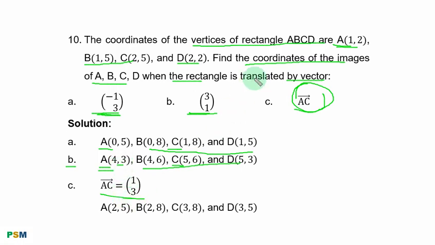Then you translate the various coordinates by adding vector AC respectively. Let's show for this. You add this column vector to this coordinate. 1 plus 1 is 2. 2 plus 3, you have 5, and so on.